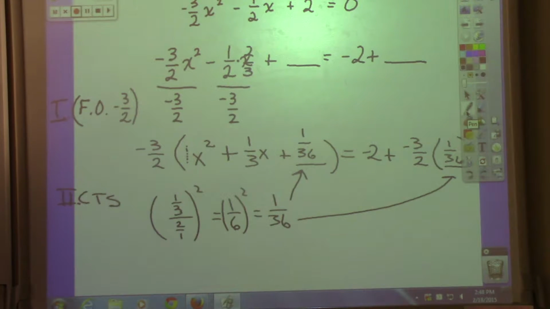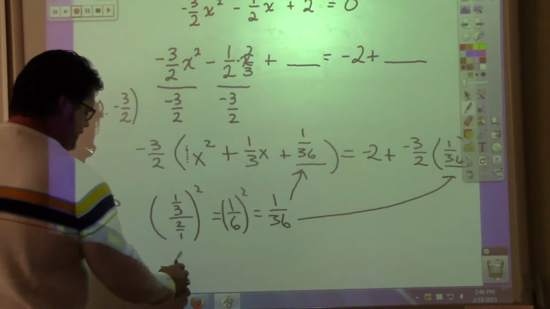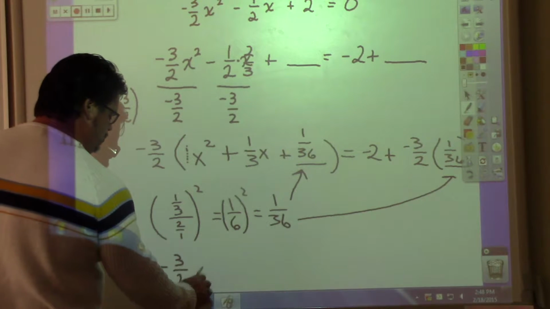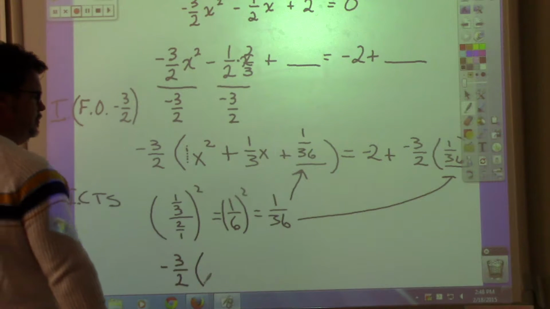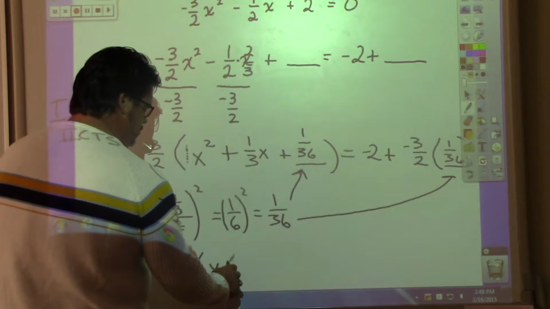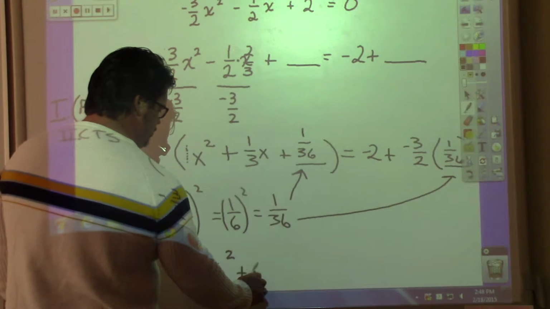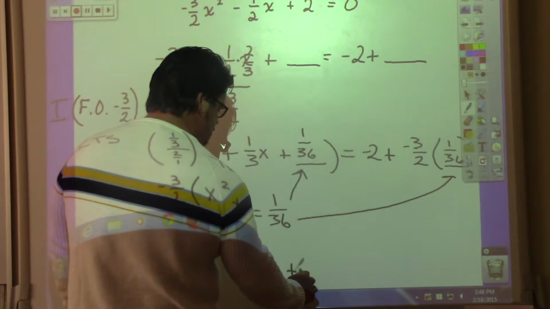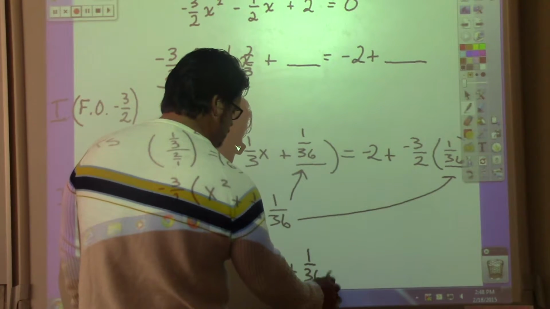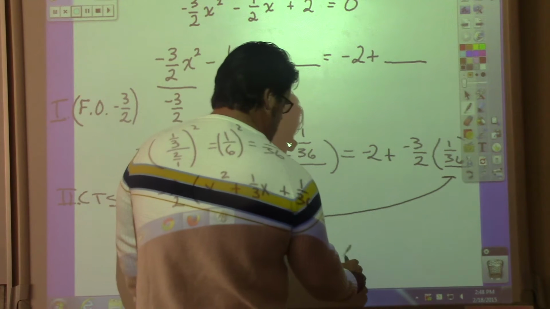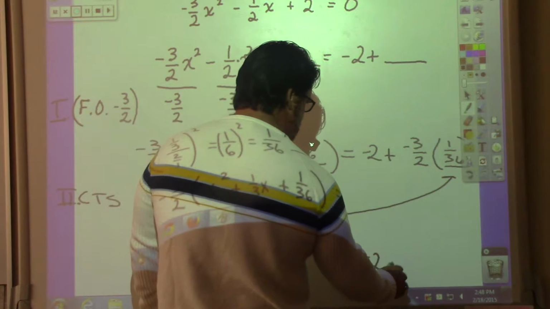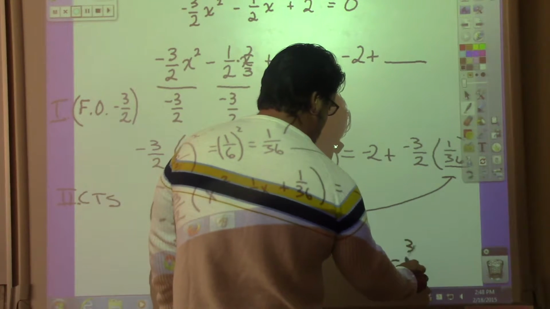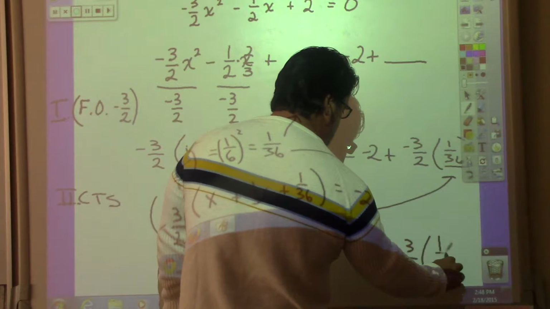And when we're through, we got negative 3/2 times x squared plus 1/3 x plus 1/36 is equal to negative 2 minus 3/2 times 1 over 36.